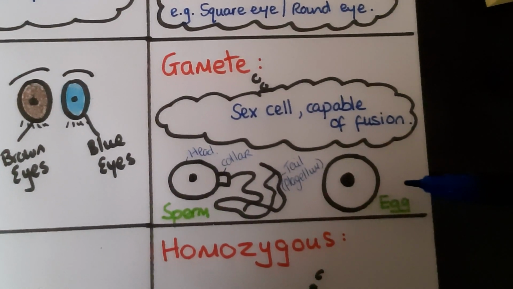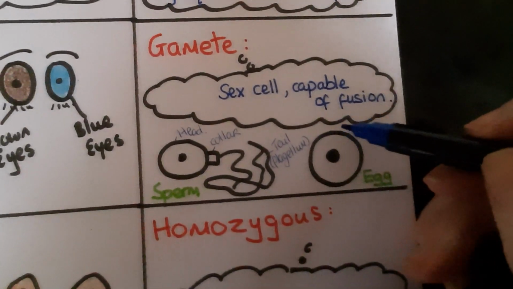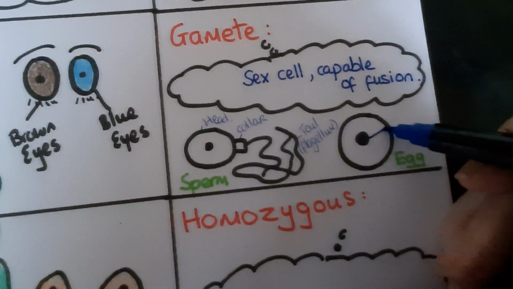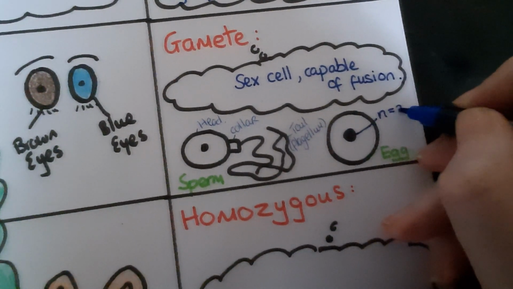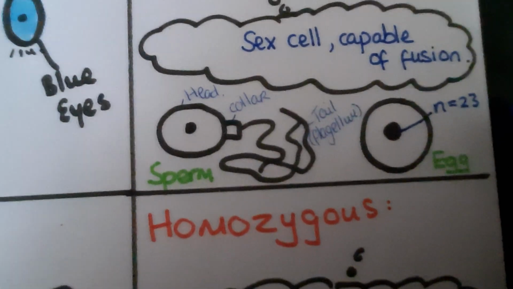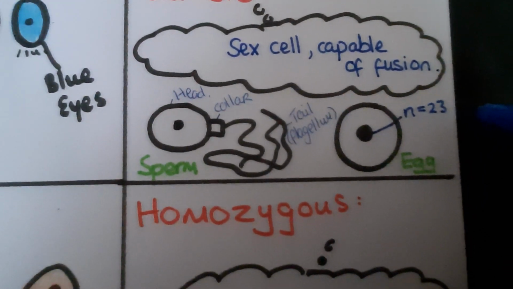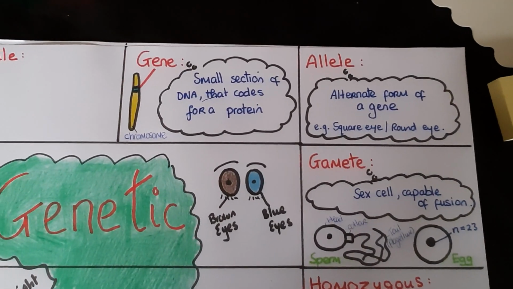And here I have the egg as well. And just to recap, the nucleus has 23 chromosomes in a human, so we're sticking to that haploid number of 23. So just three kind of notes that we've discussed so far.